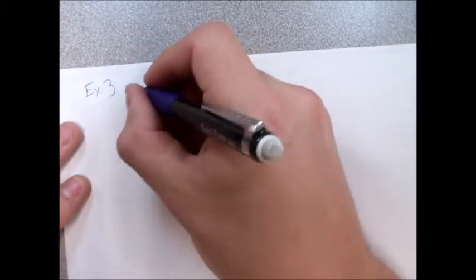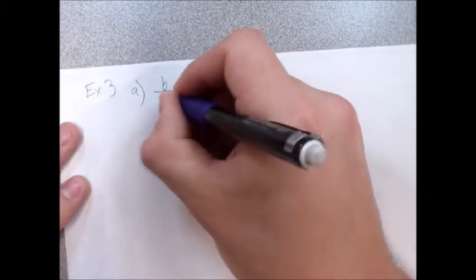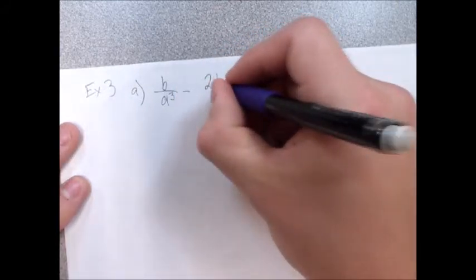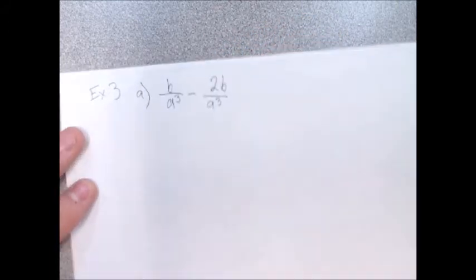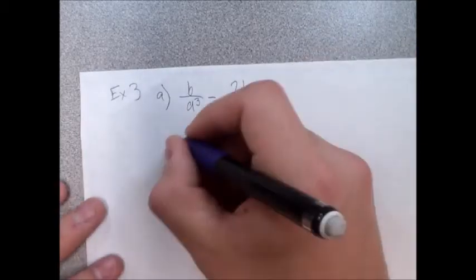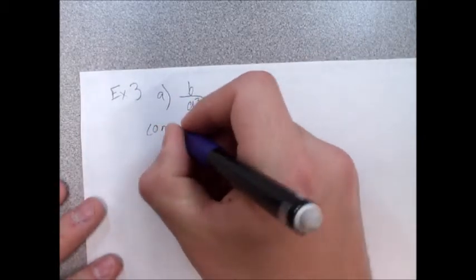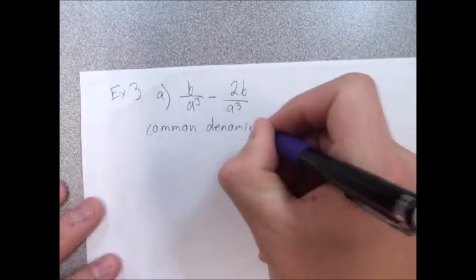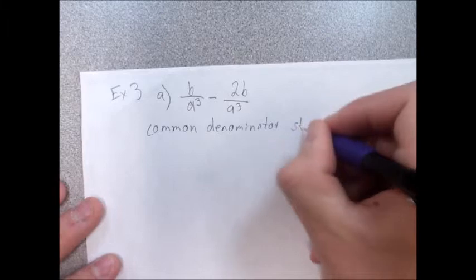Example 3. It gives you a very nice problem. So before you freak out on it, let me explain why it's so nice. b over a to the third minus 2b over a to the third. They gave you a common denominator. The common denominator is a to the third. So remember, common denominator stays common.